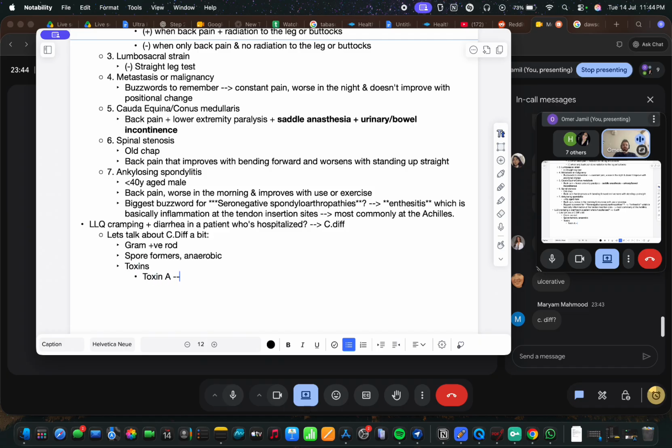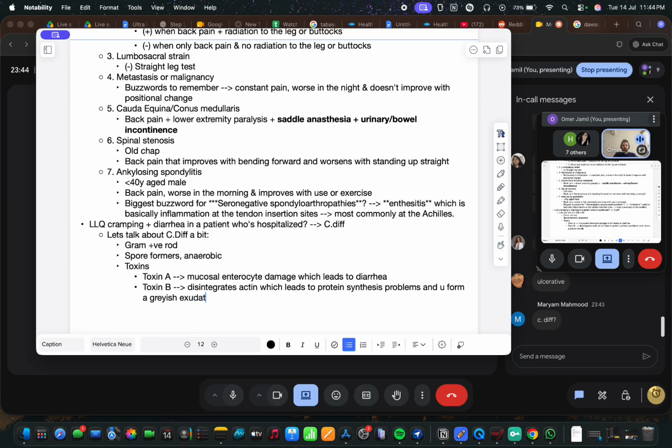Toxin A causes mucosal enterocyte damage, which leads to diarrhea. Toxin B basically disintegrates actin, which leads to protein synthesis problems, and you form a grayish exudate over the colon or over the mucosal surface.